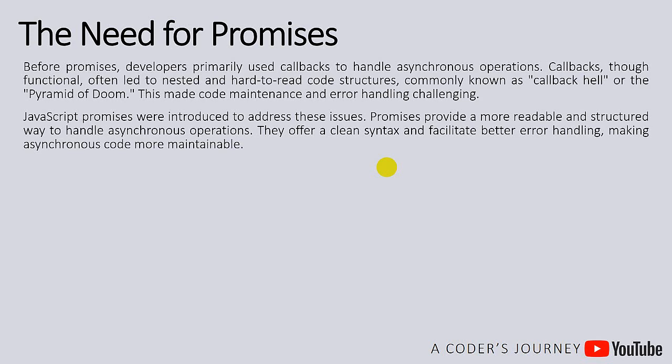Now, promises. When you think about a promise in the real world, a promise is something that you tell someone else you will do, which you will probably do, but in some cases, you might even fail to keep your promise. So when you say you promise to do something, it doesn't guarantee 100% that you will do it, right?